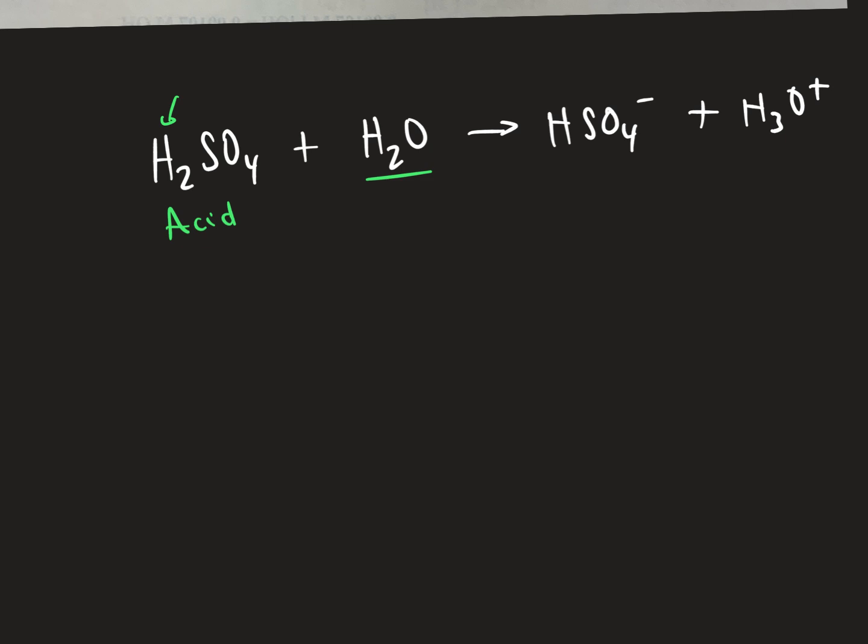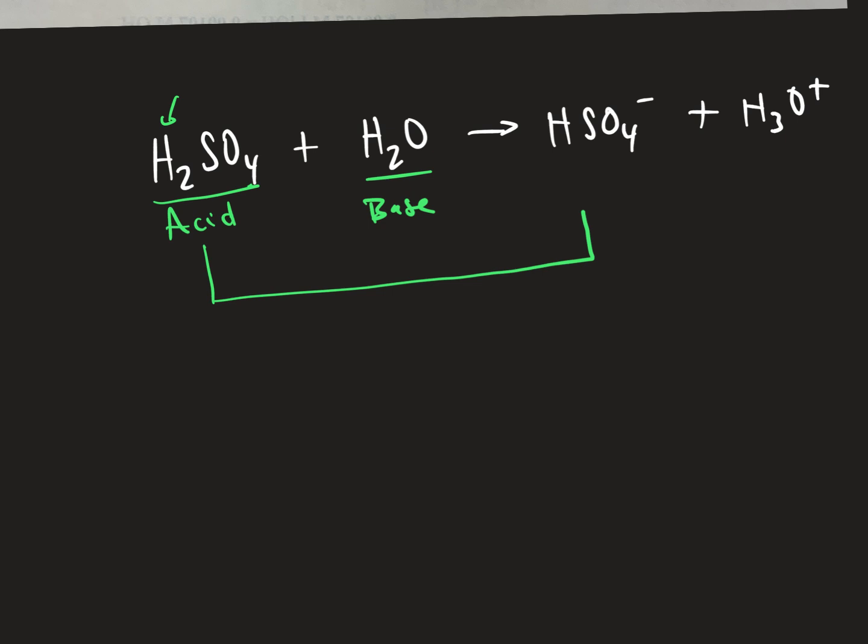Is that a base? Yeah, water's amphoteric. So that is our base. It's not a strong base, but it's a base. Here's another way to tell. Which one of our products does this one turn into?